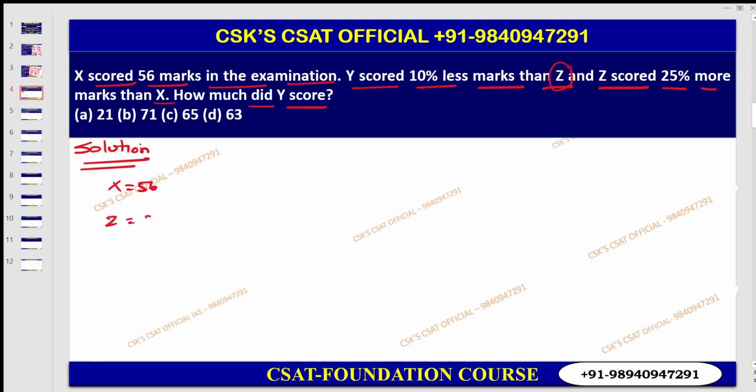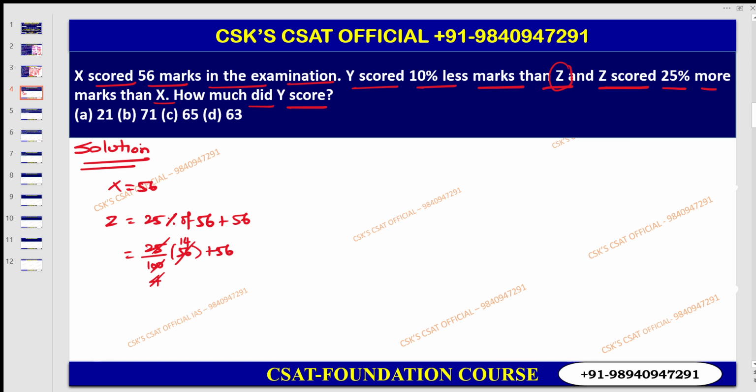So now Z is 25% more than X. Please understand, 25% more than X. More means what? Directly you can calculate 125% of 56, or else calculate 25% of 56. More means you have to add the original mark, so 56 plus 25 by 100 of 56. Here 4 times 14 is 56, so here 14.